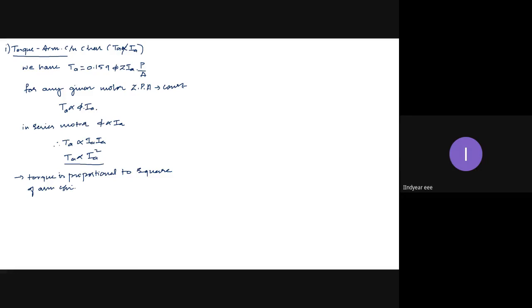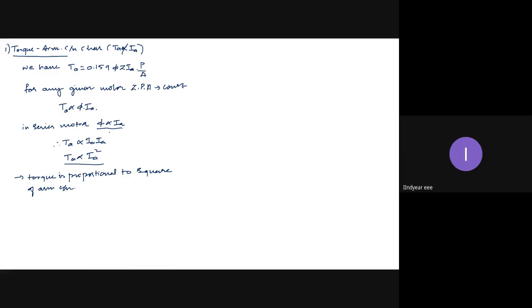But torque is not always proportional to the square of the armature current. Up to what value will it be proportional? Until magnetic saturation. Just now I have discussed that phi is not proportional to Ia all the time.